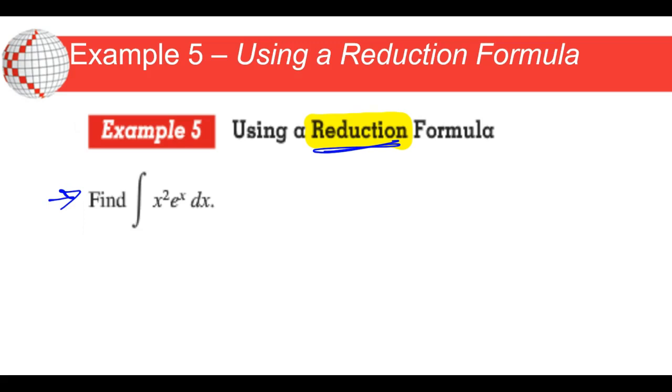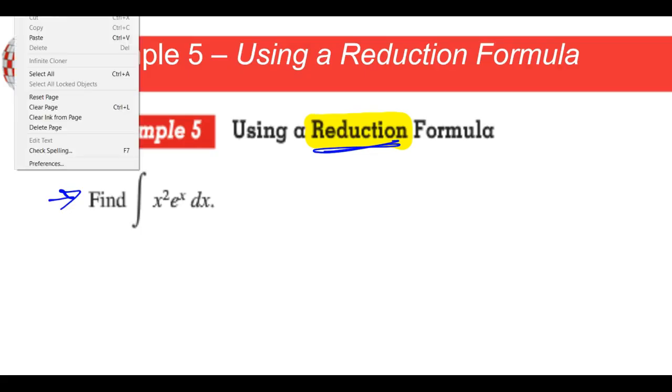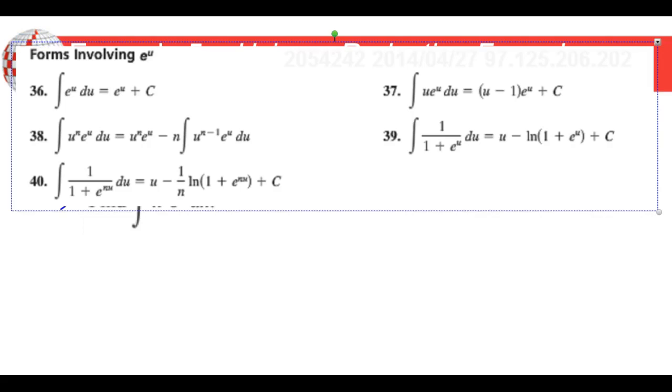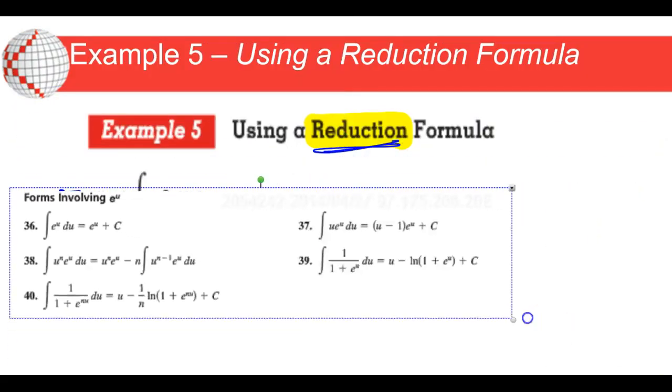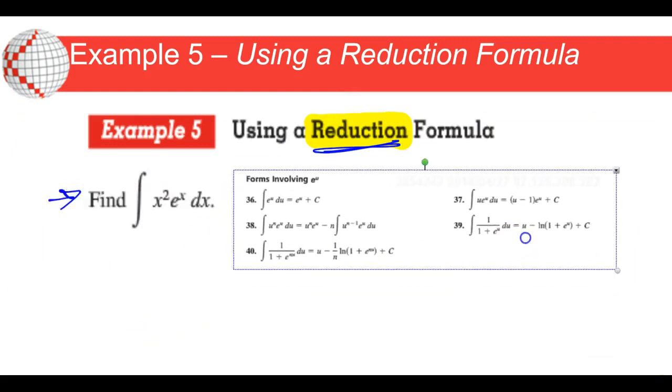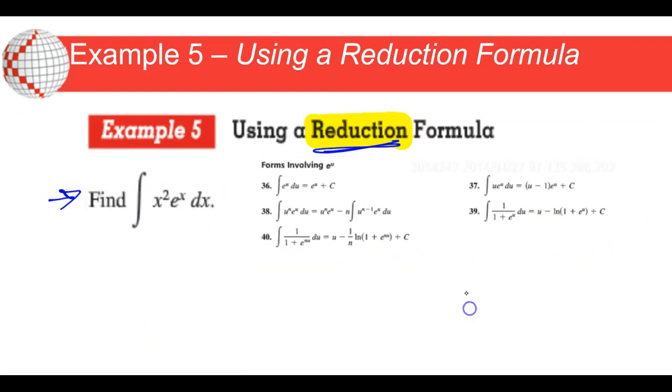Again, I'm going to use my tables, and I will hunt once again for something in the form of x squared e to the x. It looks like I can use one or two of these formulas, especially not 36 because I don't have the x squared, but maybe something like 37 or 38.